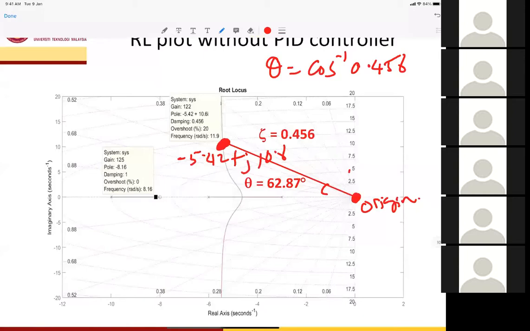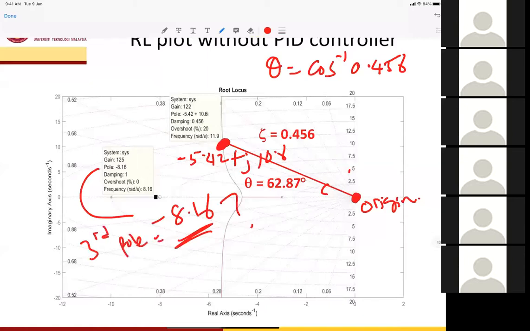Okay, the third pole is minus 8.16. How do I get this? Manually. Low Jotian. Which one, doctor? Third pole, minus 8. How do I get it?